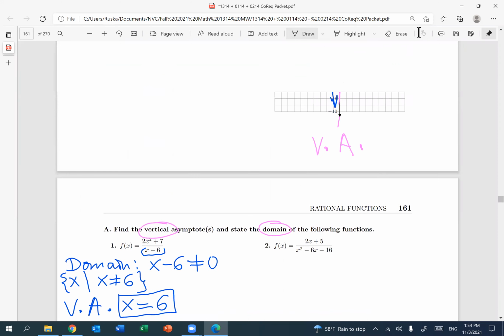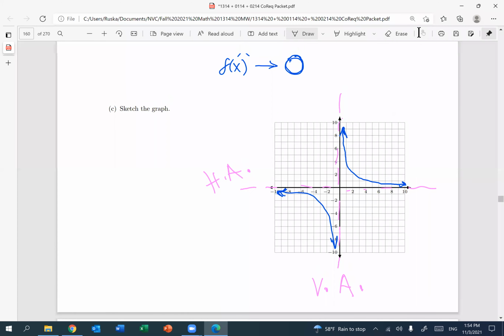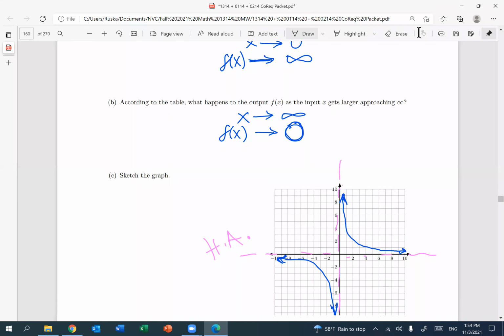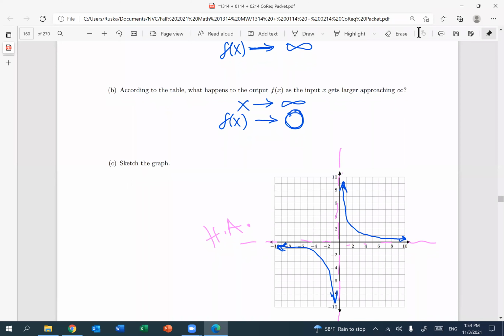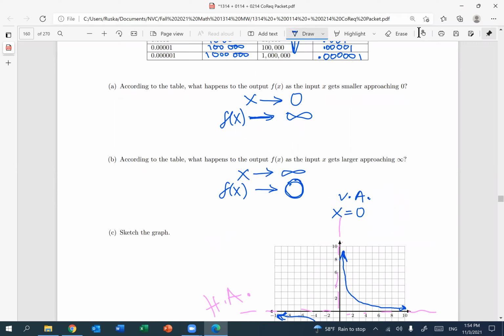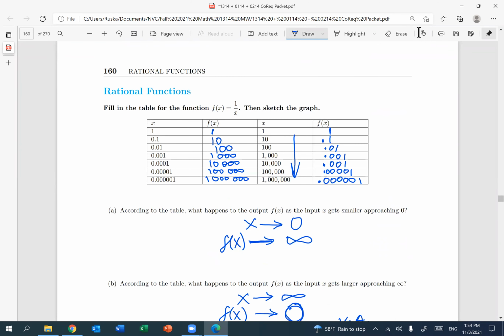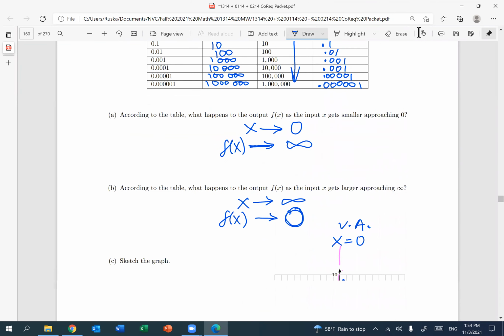So the vertical line is your vertical asymptote. Let's go back to the graph we have here. Look at this vertical asymptote. What is the equation? The y-axis, right? So the equation here is x equals 0. That's the vertical asymptote. Now let's look at the equation of the function. It was 1 over x, right?